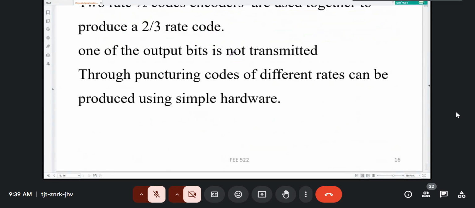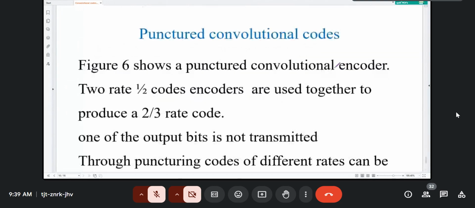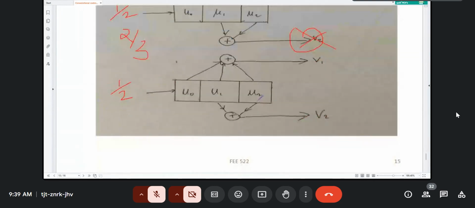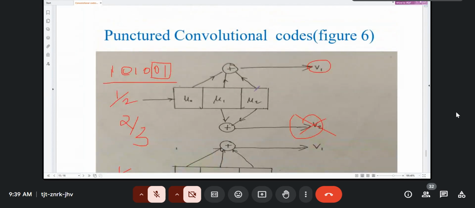One of the bits is not transmitted. And of course, you can produce different rates, because in this case, it doesn't look like you have much choice. But suppose, for example, you even had a third one.